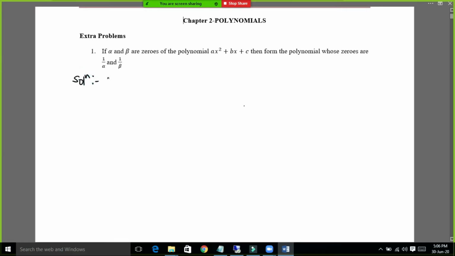So here given are alpha and beta, the zeros of the quadratic polynomial ax square plus bx plus c. Then we have to form the polynomial whose zeros are 1 by alpha and 1 by beta.